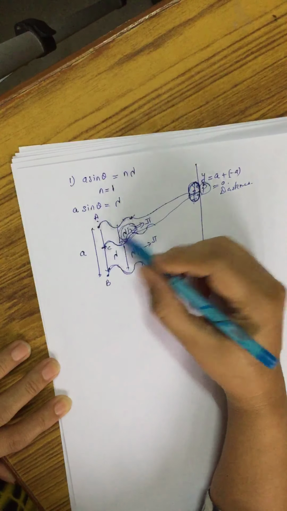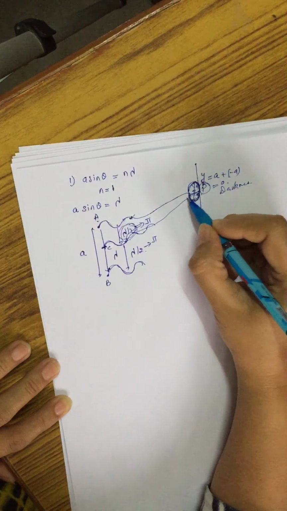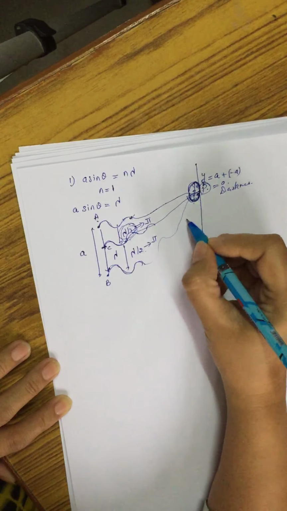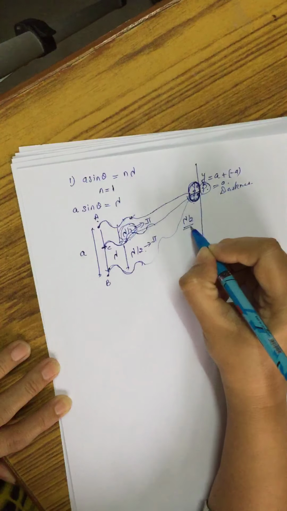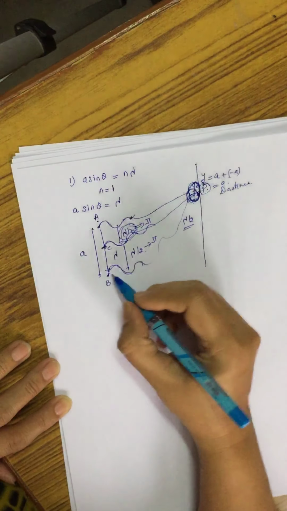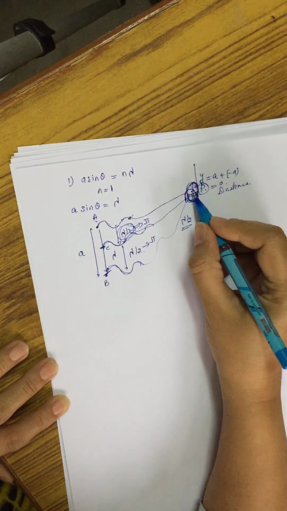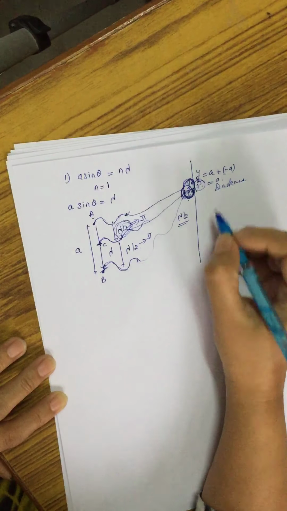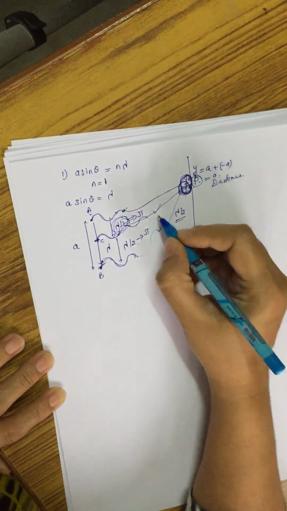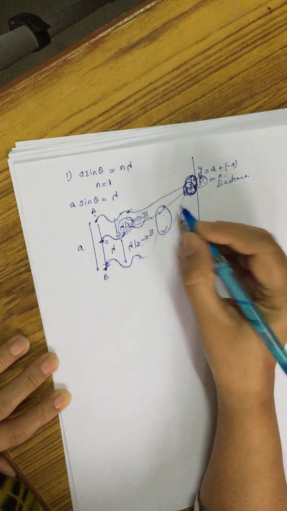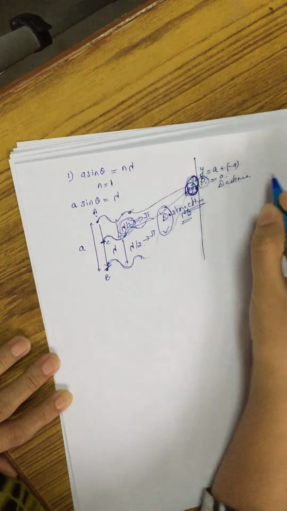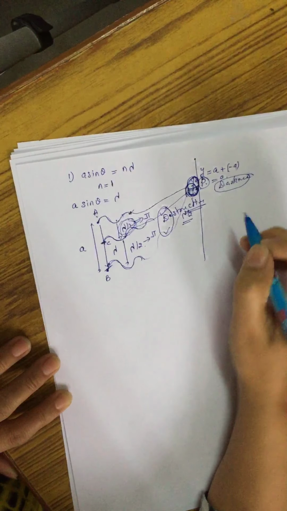If from C a trough is moving to point P, then we know that due to the extra path difference of lambda by 2, we will obtain a crest from the wave coming from B. Hence, again the wave coming from C and the wave coming from B will interfere destructively. And due to this destructive interference, again we get the condition of darkness.